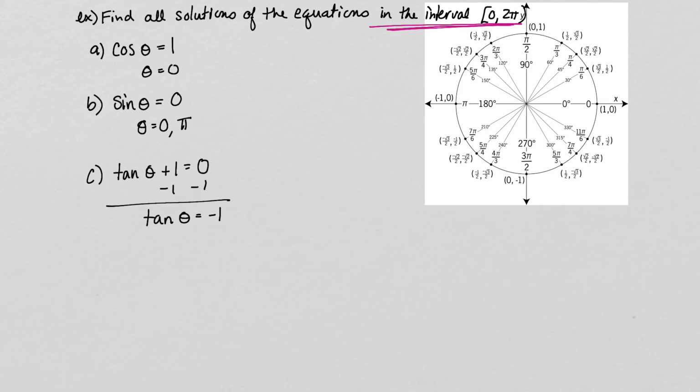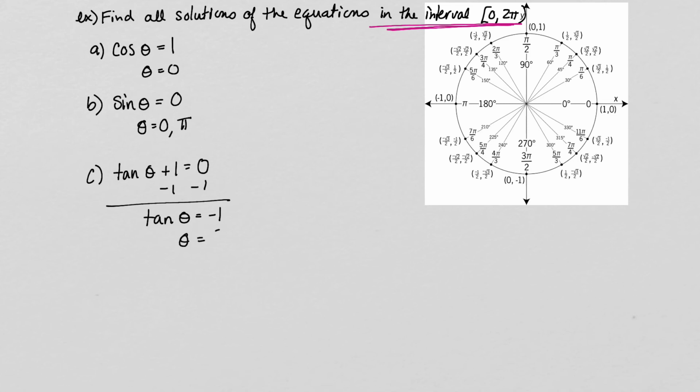And so when is the tangent of theta equal to -1? Yep, so 7 pi over 4 and 3 pi over 4.